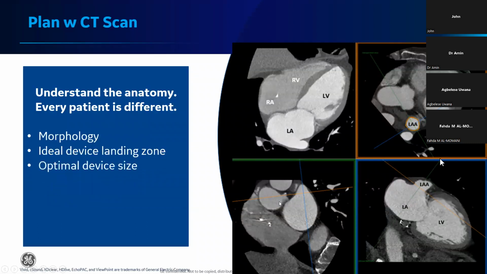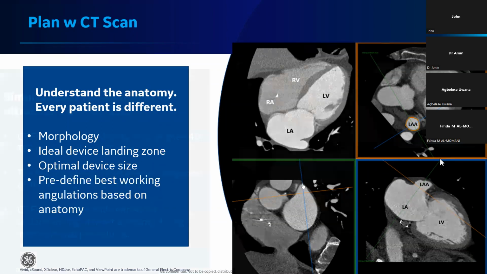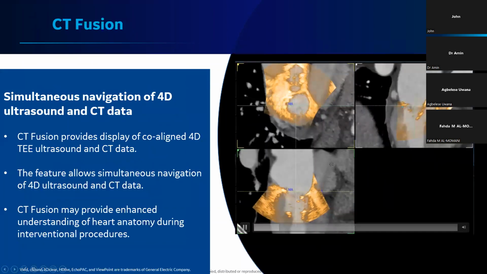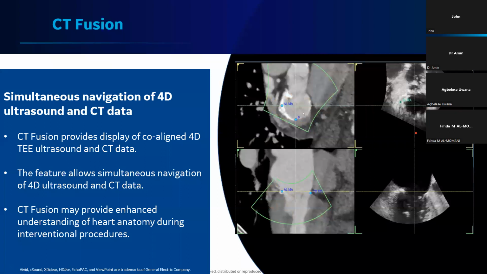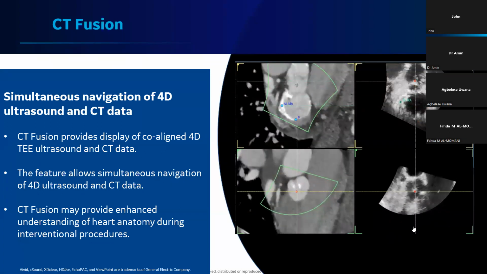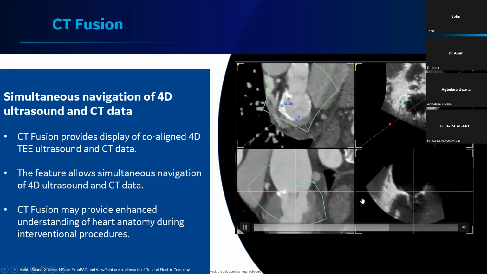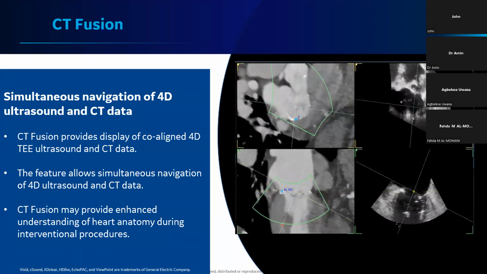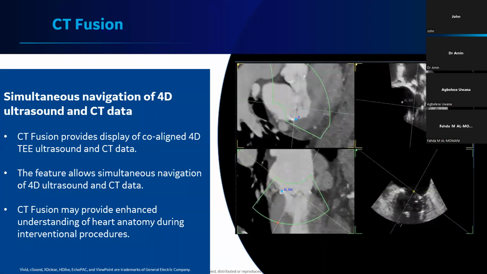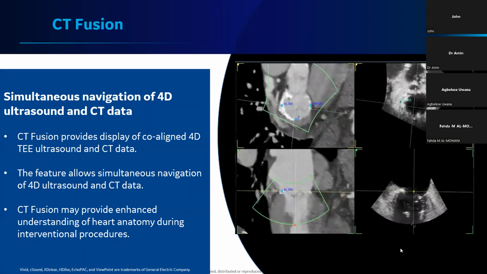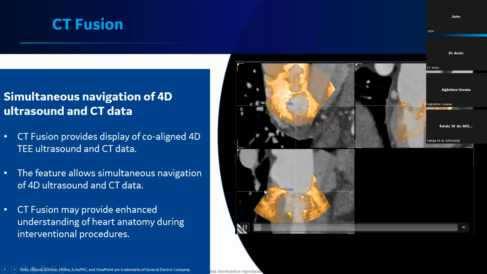So again, you have all the data that you've planned from the CT, and you start acquiring echo, and then you again adjust the landmarks so that you have simultaneous navigation of the 4D data set and the CT with the same cut planes from echo and from CT at the same time as you are moving the slices from the echo.